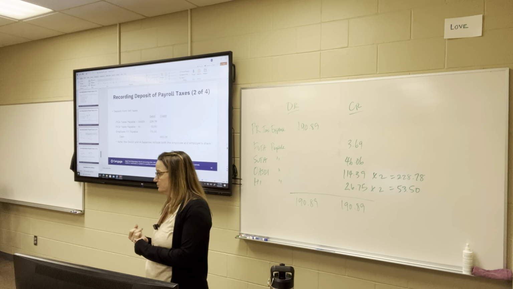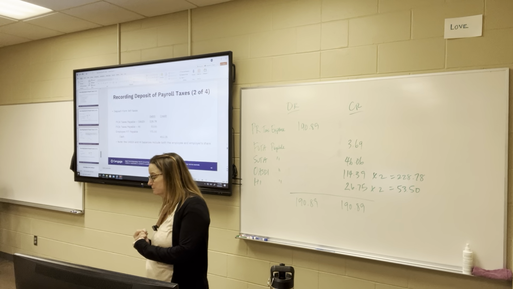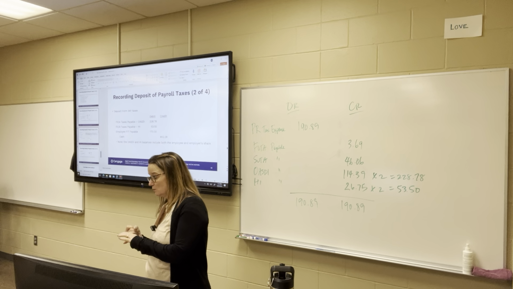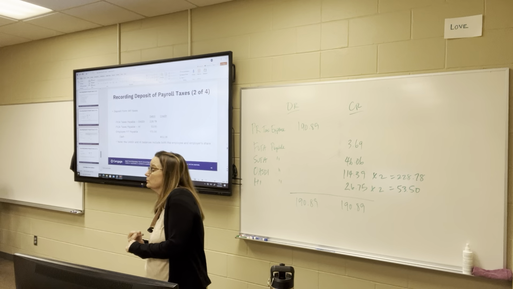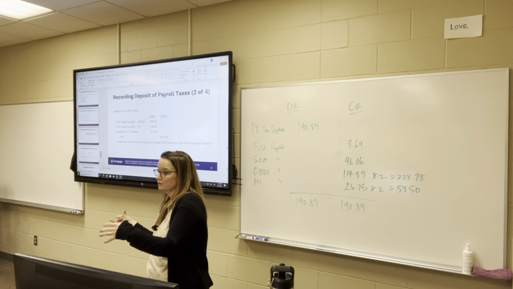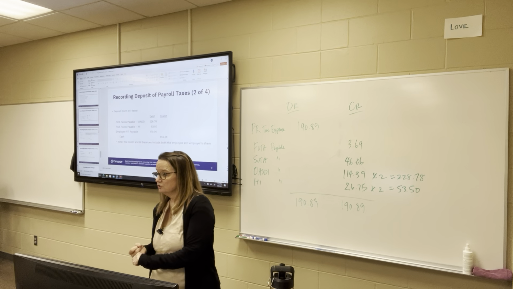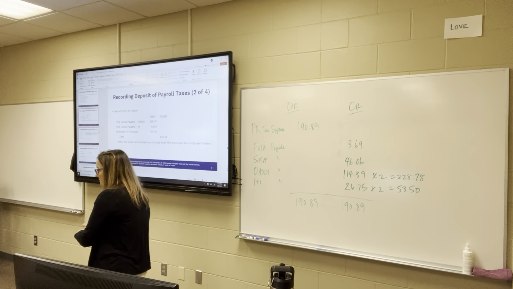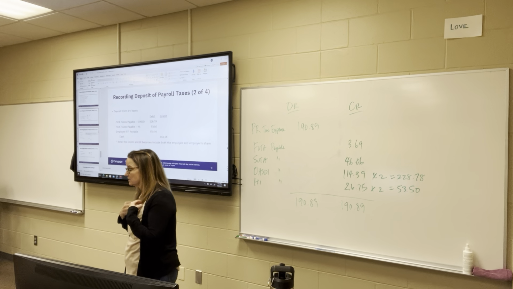So the first journal entry is made when we pay the employees, and it records the amounts that we're paying them and the amounts we're withholding from their checks, right? As well as their net pay, what they're actually receiving. The second journal entry also happens when we pay the employees, but it's the amount that the company owes on their behalf.